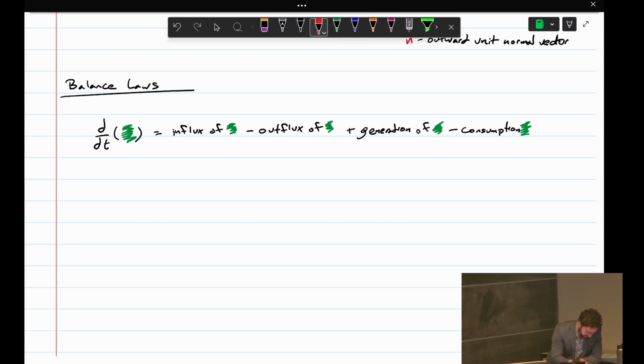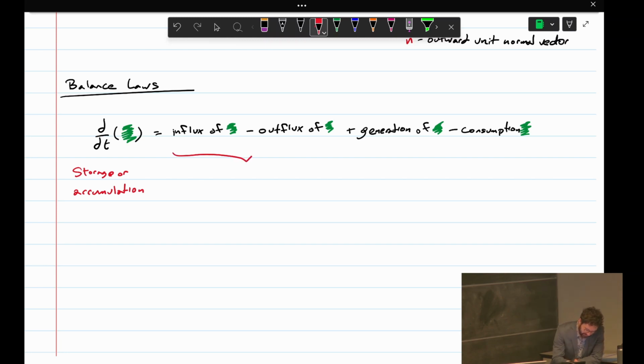So kind of in words, the left-hand side of this is called the storage or accumulation. So if we have a control volume, the amount of green in our control volume, if it's going up, that means we're storing. If it's going down, that means we're getting rid of it, so it's going outwards through our control surfaces.